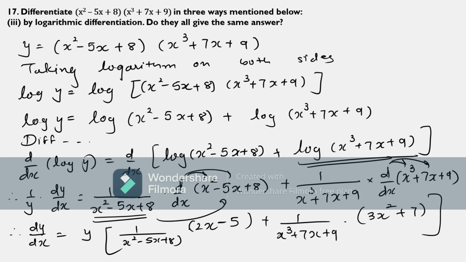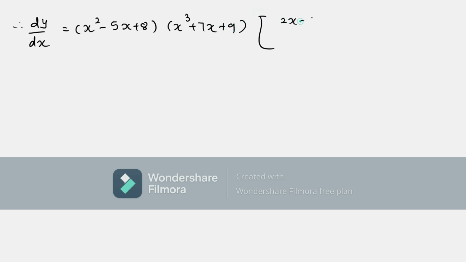Constant's differentiation is 0. Let us substitute the value of y. So dy by dx is equal to y, which is x square minus 5x plus 8 and x cube plus 7x plus 9, times 2x minus 5 upon x square minus 5x plus 8 plus 3x square plus 7 upon x cube plus 7x plus 9.